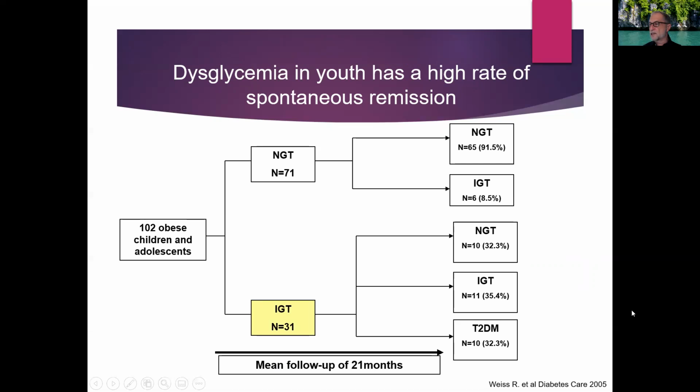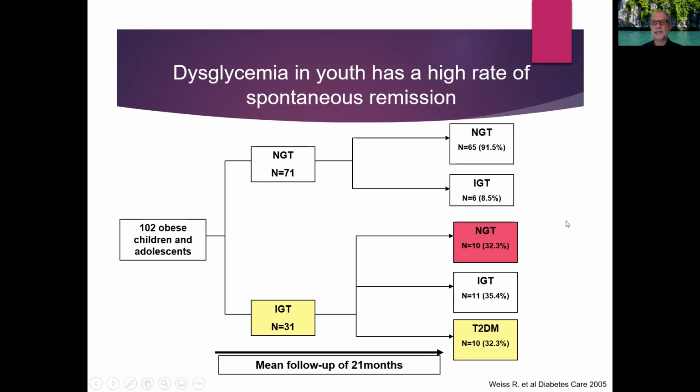And what they found was that about 30% of them progressed to type 2 diabetes, but interestingly, about 30% returned to normal despite no intervention. That's really something that's not seen among adults with risk factors without any intervention. Furthermore, some other studies have suggested that this rate is as high as 60%, raising questions about what impaired glucose tolerance or prediabetes really means in the adolescent population.